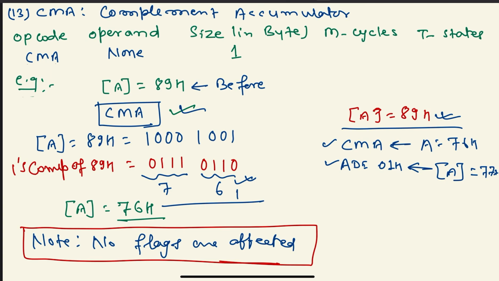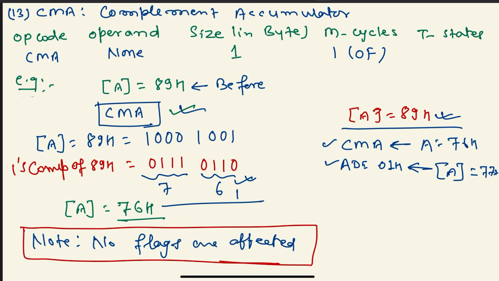Only the opcode is required from the memory. The rest of the things happen inside the processor: the accumulator content and the arithmetic logical unit are inside the processor, and the result is stored into the accumulator itself, so there is no need to go outside.